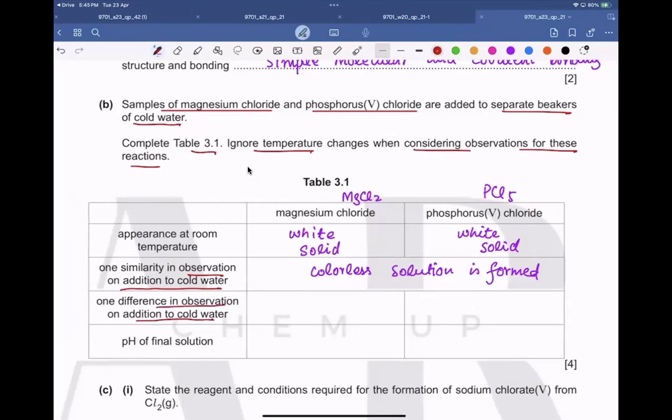Okay, if you recall the complete equation, when magnesium chloride reacts, it will react with 6 moles of water forming Mg(OH)·H2O5 and HCl.